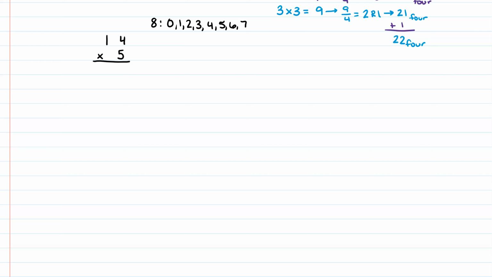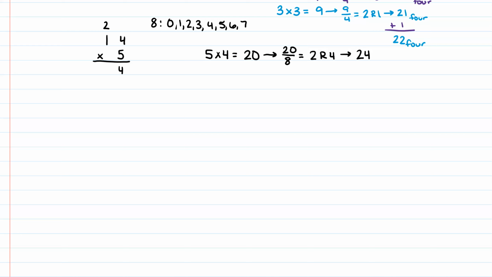So I'm going to do 5 times 4 is the value 20 in base 10, but that's not allowed, so I have to convert. 20 divided by 8 is 2, remainder 4. So 5 times 4 in base 8 will be 2, 4. So we'll put the 4 down and the 2 up.